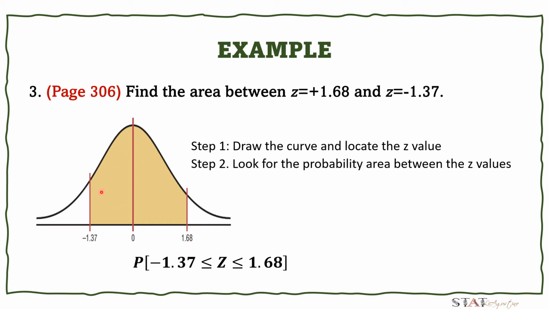We are looking for the area in this yellow shaded part of the distribution. So in mathematical form, we present it this way. Since negative 1.37 is a lower value compared to 1.68, the probability of negative 1.37 less than or equal to z less than or equal to 1.68, or the probability of z between negative 1.37 and 1.68.